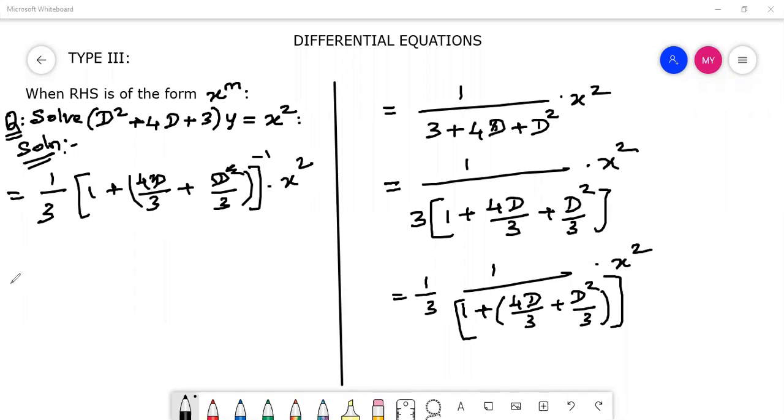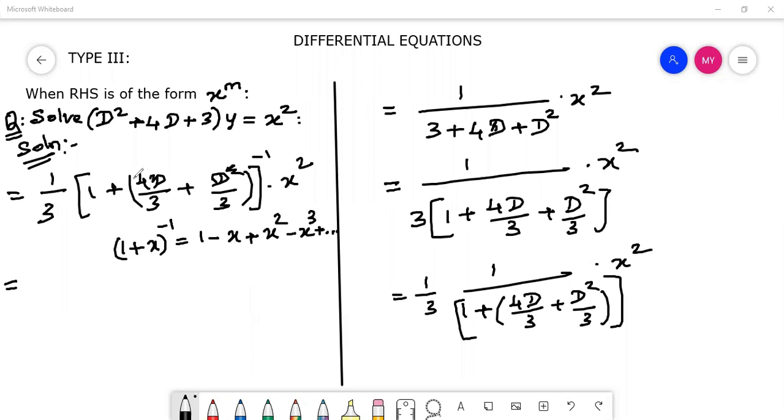After this, we can treat this with the binomial theorem. That is, (1 + x) inverse. What is this formula? It will be 1 - x + x² - x³, and so on. So I am going to apply the binomial theorem here.